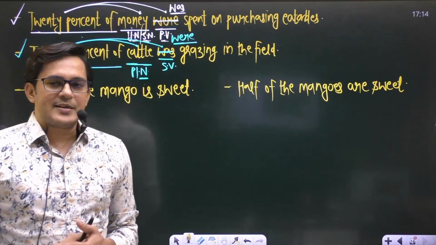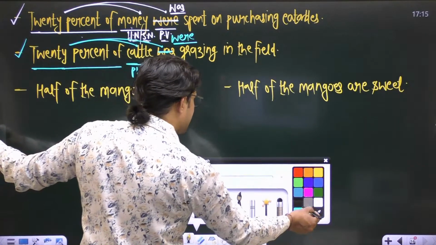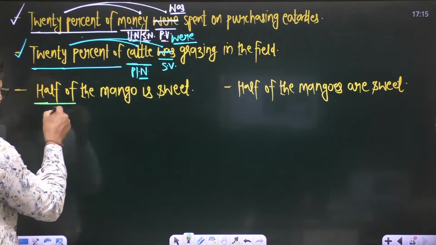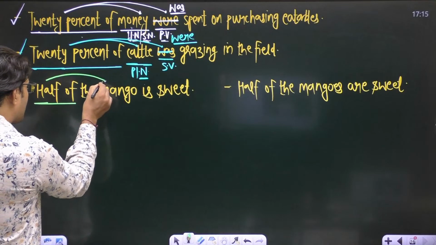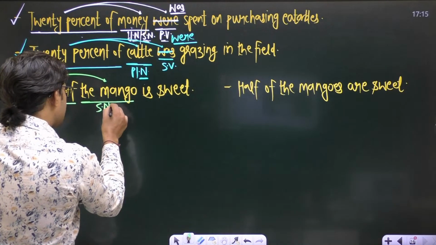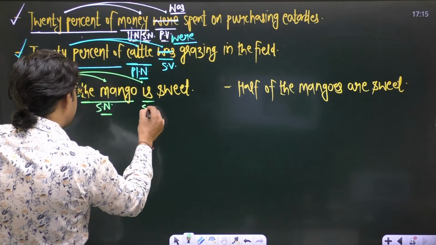Two other sentences you have, half of the mango is sweet, half of the mangoes are sweet. In both the sentences, you have the word half of, and we have to focus on the noun followed by this word half of, and mango is a singular noun. So according to this singular noun, the verb will be singular. This sentence is okay.